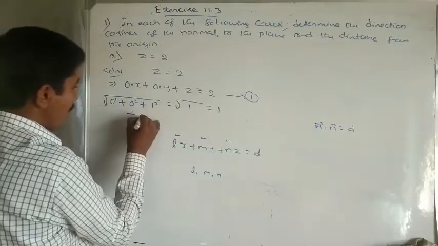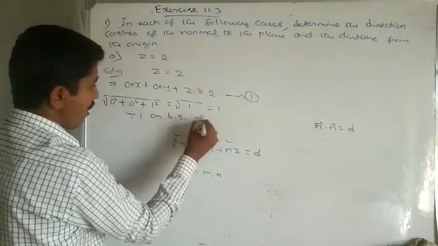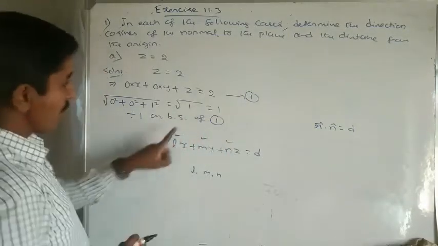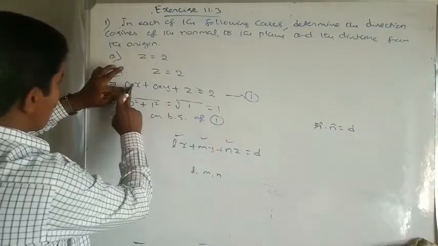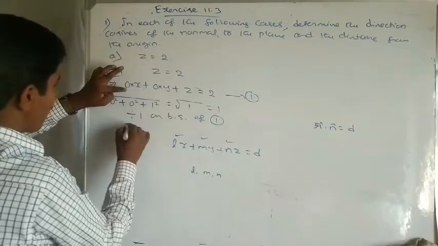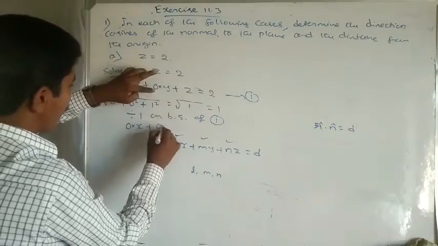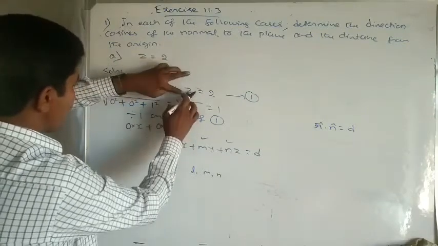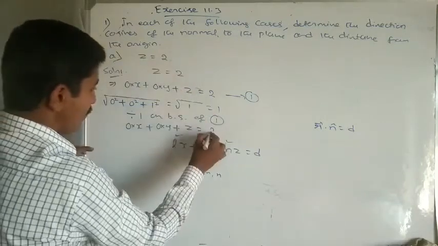Divided by 1 on both sides of equation 1: 0 into x by 1 is 0 into x, 0 into y by 1 is 0 into y, plus z by 1 is z, equal to 2 by 1, which is 2.